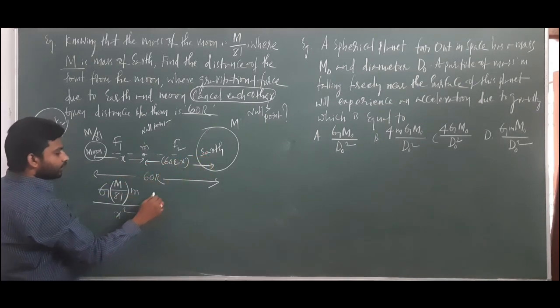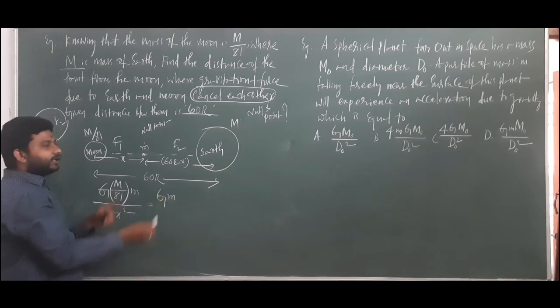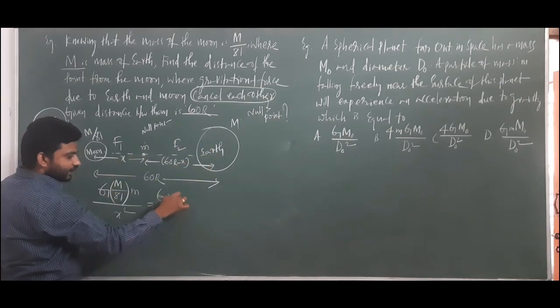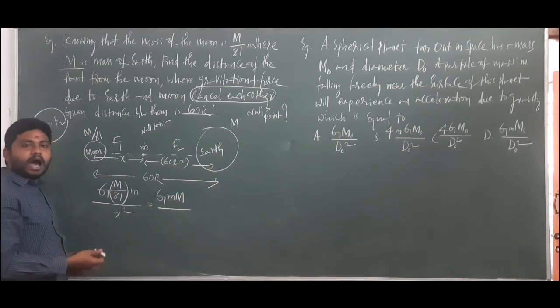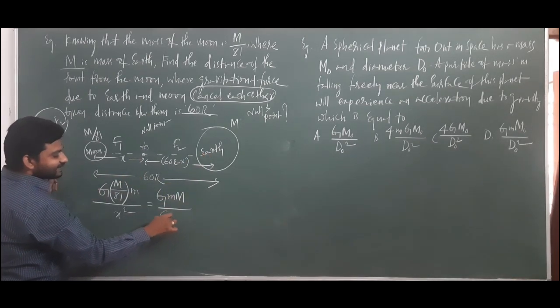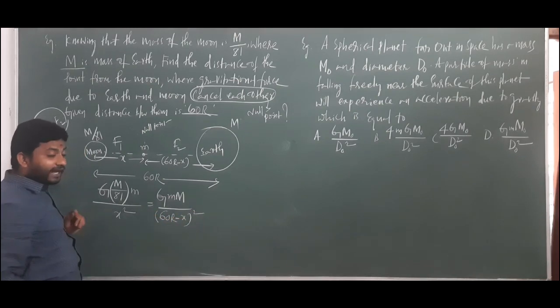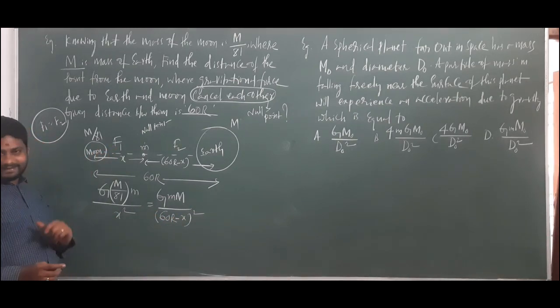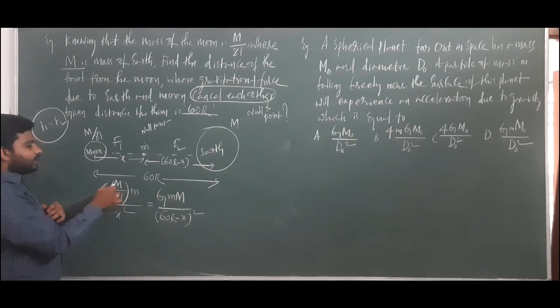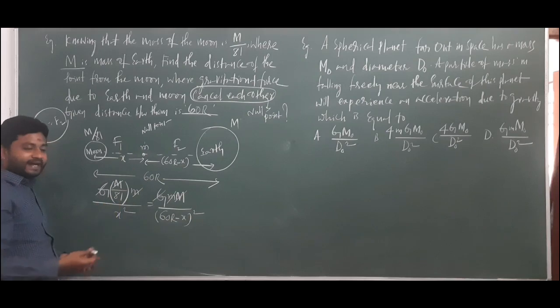What is F2? Capital G m1. So this is m1, small m, into m2. m2 is capital M divided by r square. What is r here? In between these two masses, r is (60r minus x) whole square. What is our aim? Our aim is to find x. Okay, so capital G, capital M, small m cancel, right?